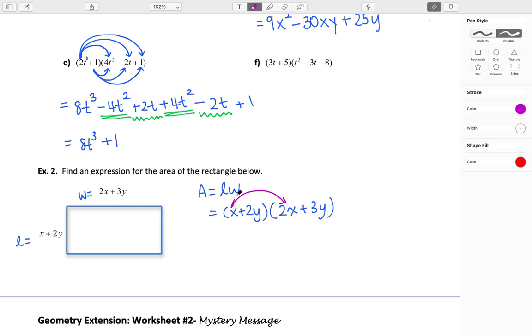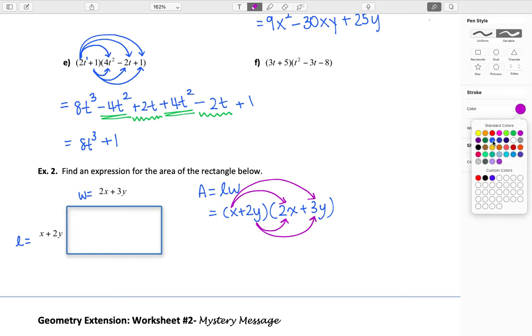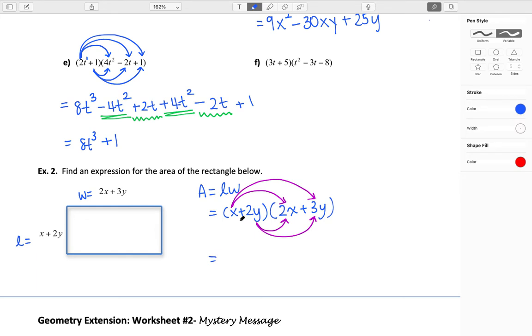Front, outside, inside, and last. Okay. So therefore, x times 2x is 2x squared plus 3xy. So that's above the arrows, which we're done. Now let's do the bottom arrows.